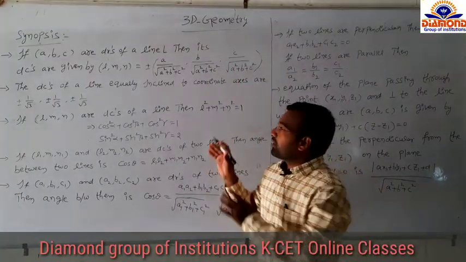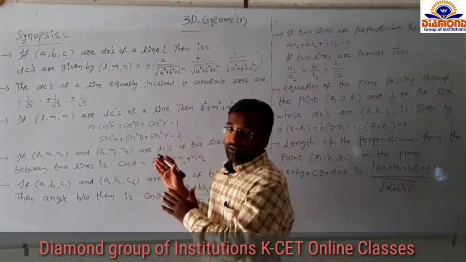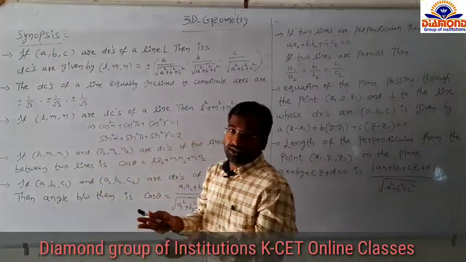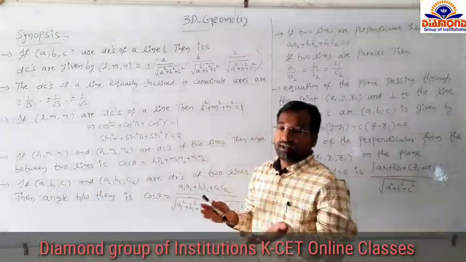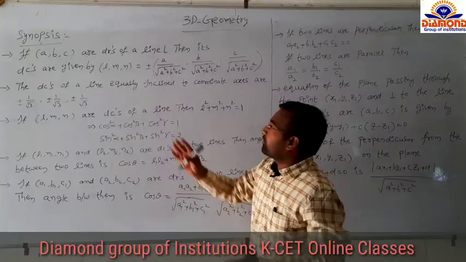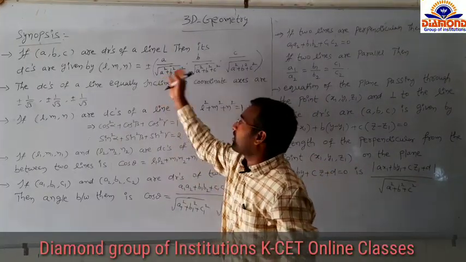So if the direction ratios A, B, C are given, then to find out the direction cosines l, m, n, use this formula.